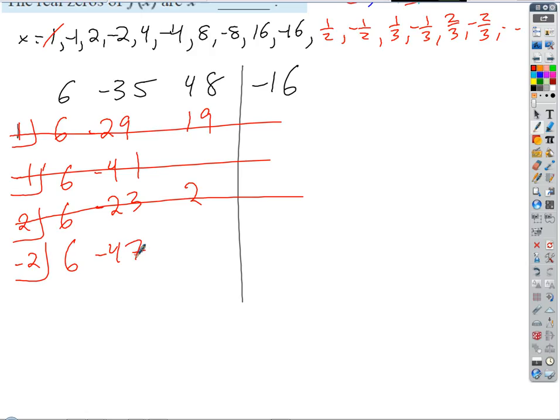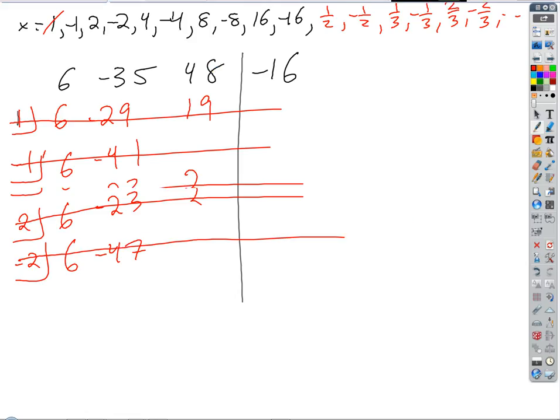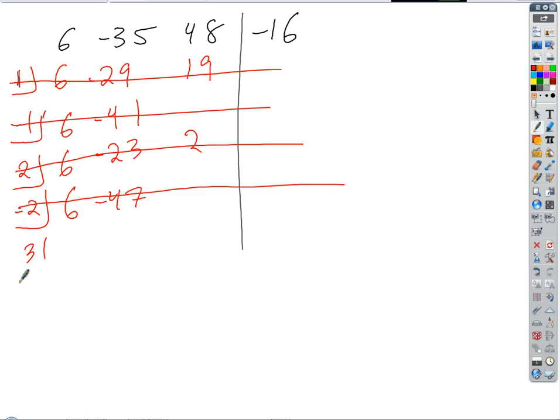Negative 2 times negative 47 is a big positive number. Plus 48 is huge. Not going to work. Okay, try 3. Eventually we're going to get one that works. 3 times 6 is 18. Okay, so 18 plus negative 35 is negative 17, right?